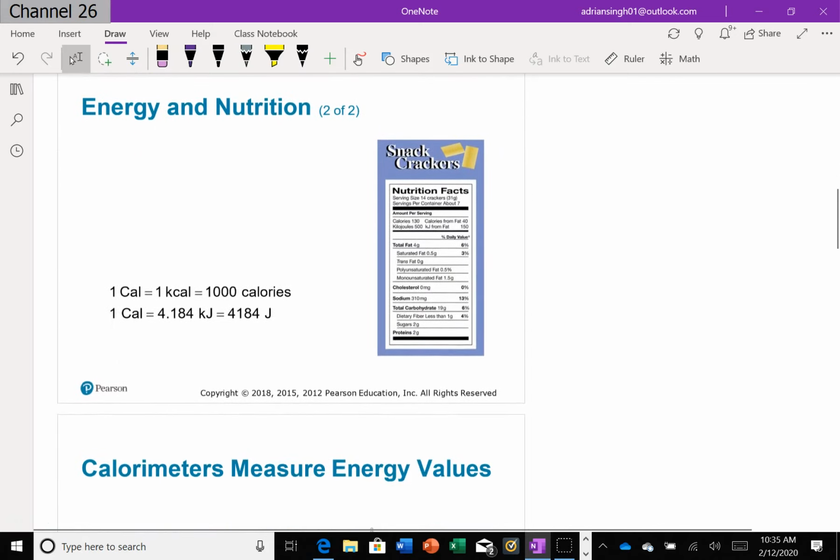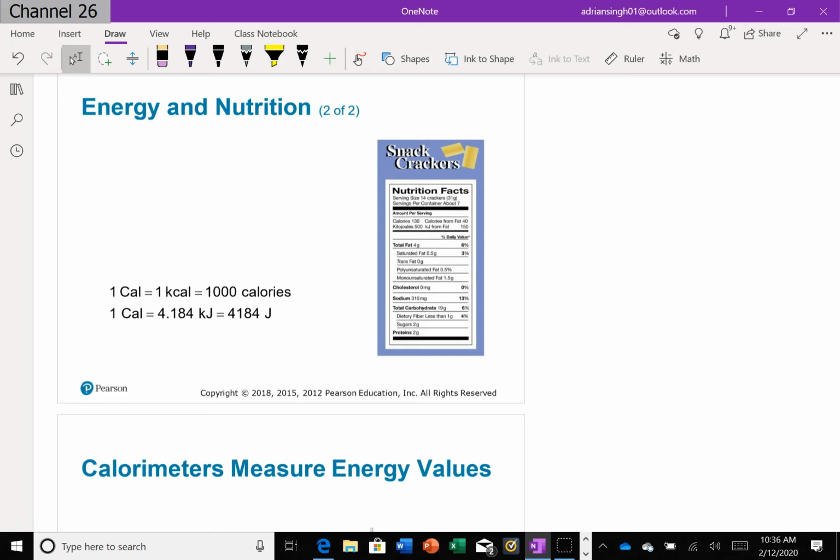All right, so I mentioned that in nutrition we're going to use the calorie. We're going to see the calorie as the most common unit of energy. And actually, I'm not sure if anybody has any sort of packaged food with them right now, you can take a quick look at it. On the back of it, it'll actually tell you what the energy content of that thing is, right?